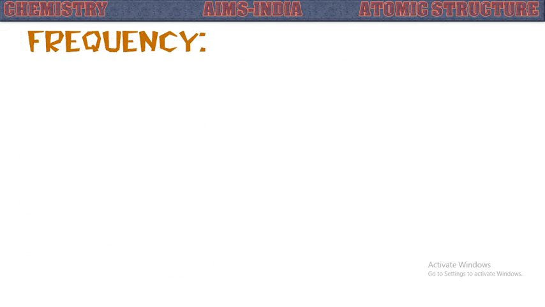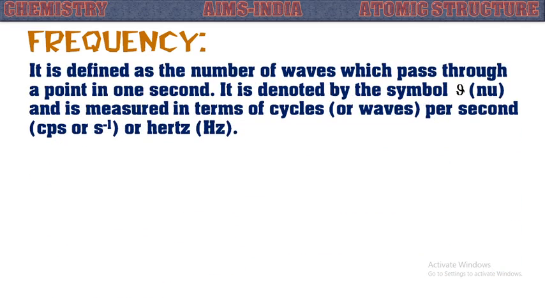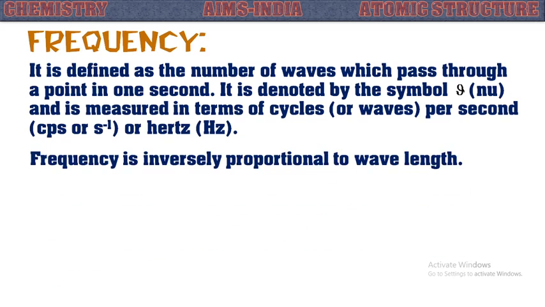Next one, frequency. It is defined as the number of waves which pass through a point in 1 second. It is denoted with the symbol nu, and it is measured in cycles per second or hertz. Here frequency is inversely proportional to wavelength, which we can represent mathematically: nu is inversely proportional to lambda.